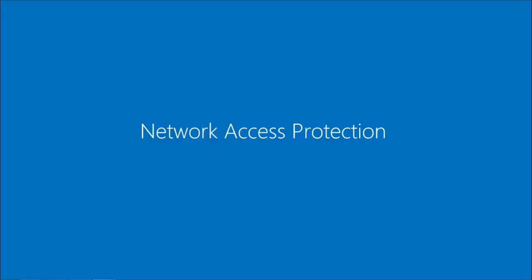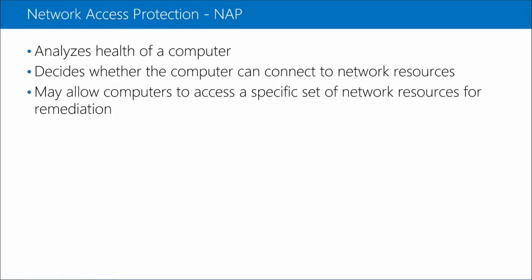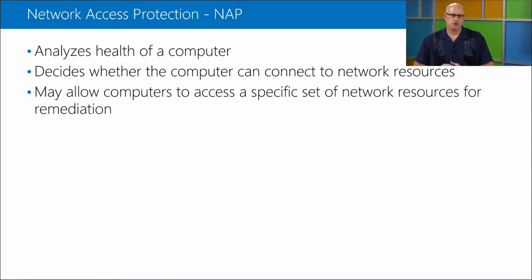Okay, so network access protection, sometimes referred to as NAP. What this does is as a computer boots up, before it even really connects to the network, or as it's connecting to the network, this can analyze the health of a computer, decide whether the computer can connect to network resources or not, and then may allow some sort of remediation to occur.